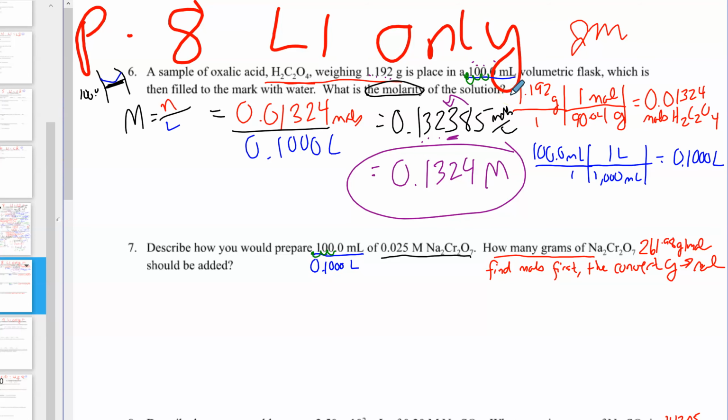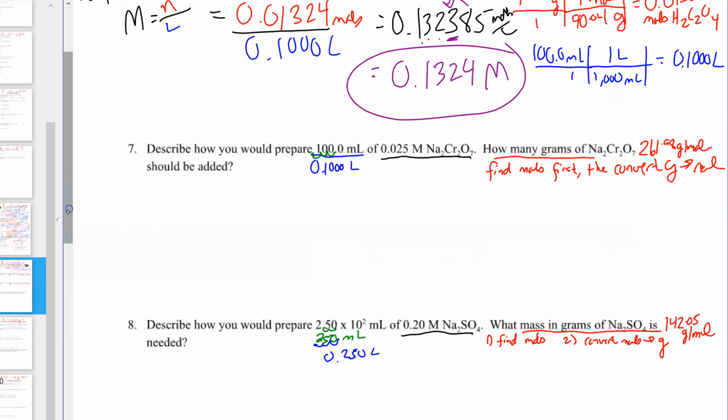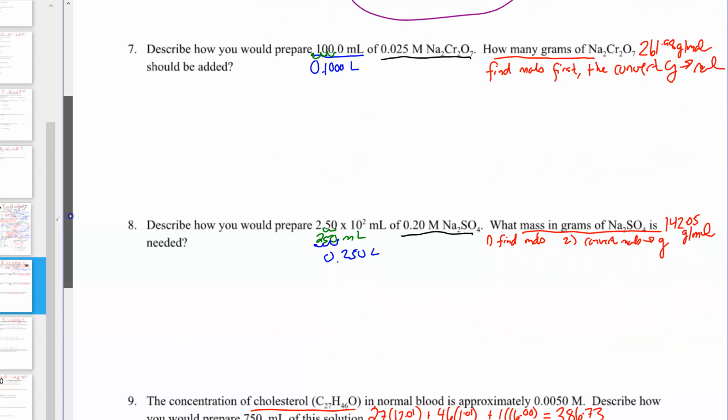Okay, let's look at number 7. It says, describe how you would prepare 100 mL of a 0.025 molar sodium dichromate solution. How many grams of sodium dichromate should be added? Okay, so number 1, we need to find moles.